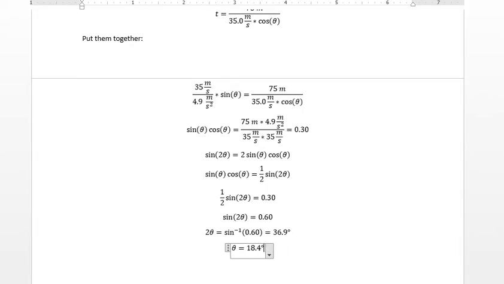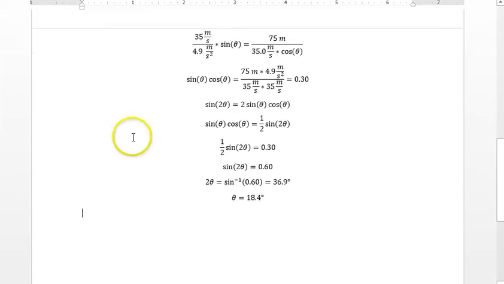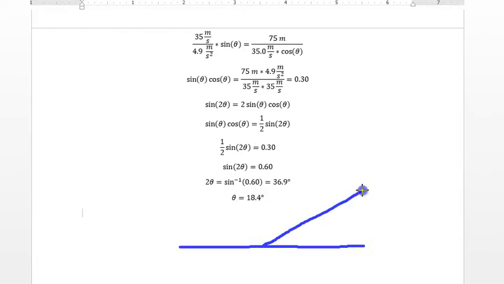Now, that's not the whole story. And I'll tell you why. This isn't the only solution. All right, so let's think about it for a second. We're talking about the sine of 36.9 degrees, right? Let me draw an axis here. I'm going to draw 36.9 degrees. The sine is this vertical height, right?